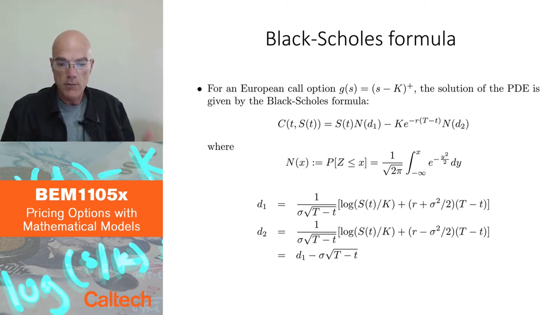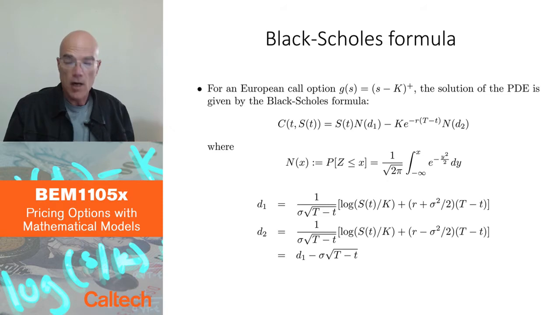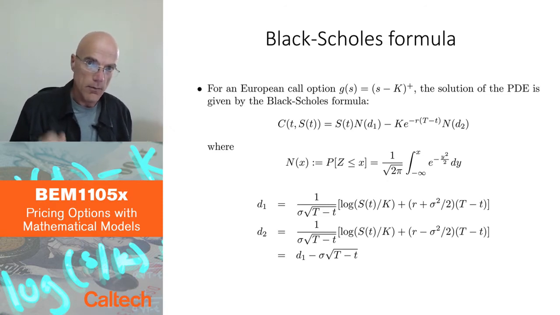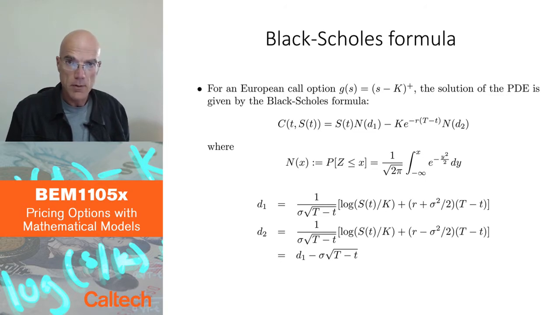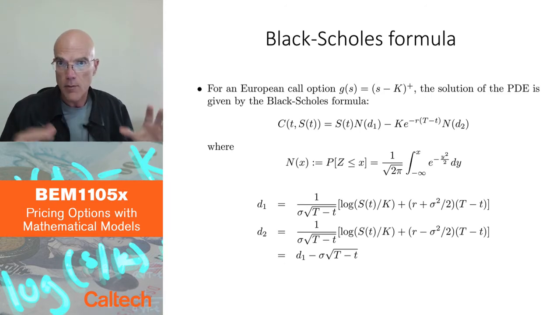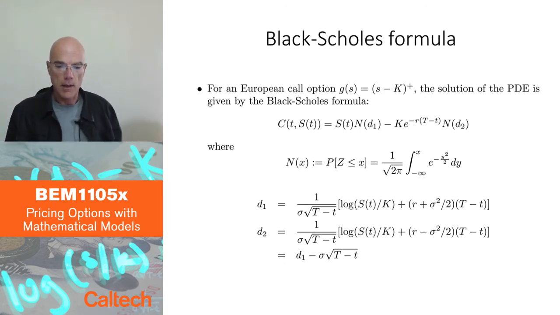Or I can just give you the solution, and then if you want, as an exercise, you can do calculus, find partial derivatives of that solution, and check that it really is a solution. So I'm going to give you a function, and in principle, you can take the derivatives of that function that are needed in the Black-Scholes partial differential equation, and check that the left-hand side is equal to 0 when you compute all those derivatives and add them up.